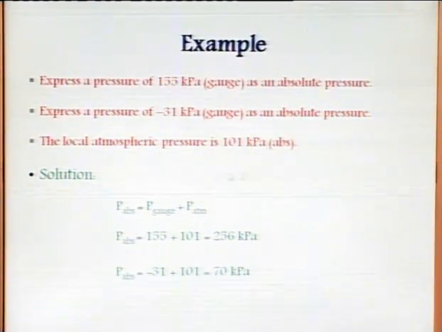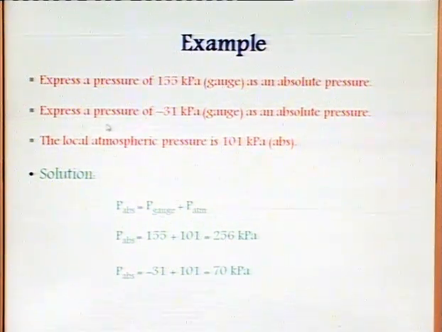Next, we will work through some numericals related to this. Now, we will express a pressure of 155 kilopascal as an absolute pressure, and then express another pressure as an absolute pressure, where the local atmospheric pressure is 101 kilopascal.